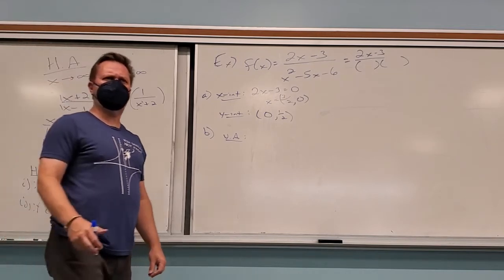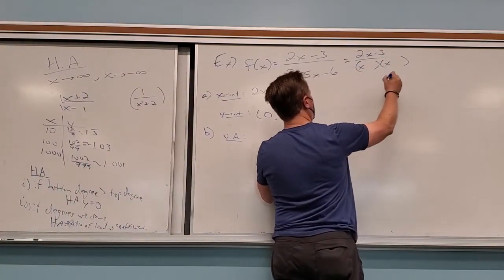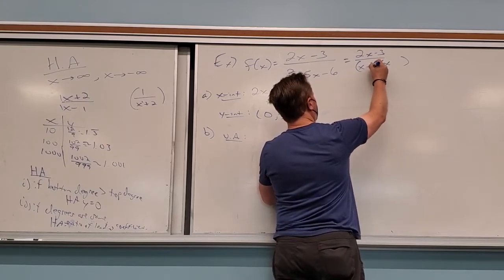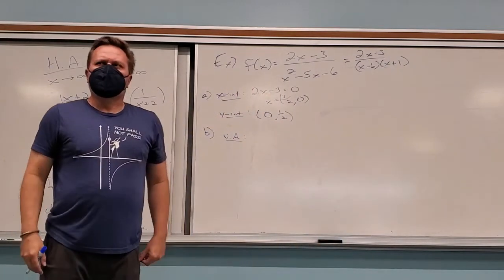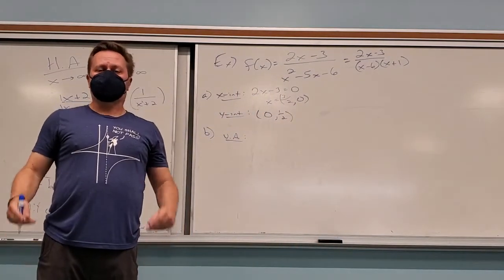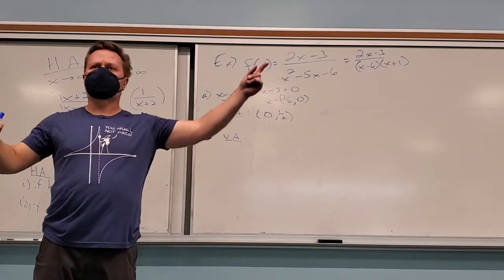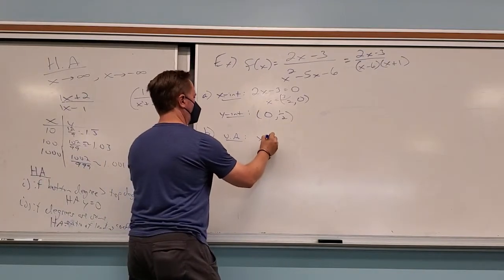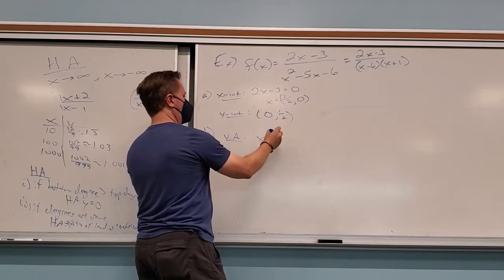So anybody got that? How do you factor that? Yeah, -6 plus 1. Cool. So what are the vertical asymptotes? Again, vertical asymptote really just means x equals what would make it undefined. So what are the vertical asymptotes? 6 and -1.